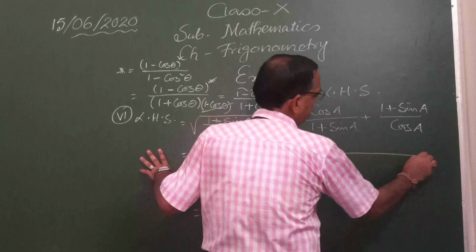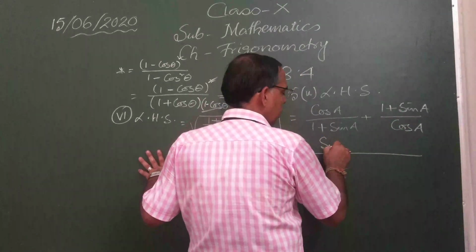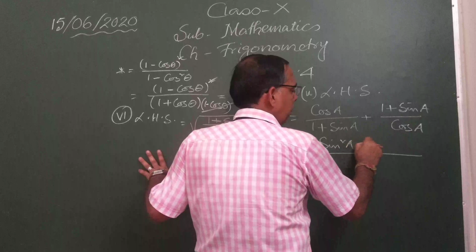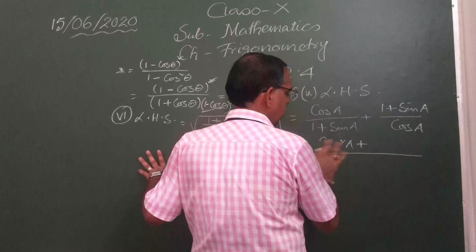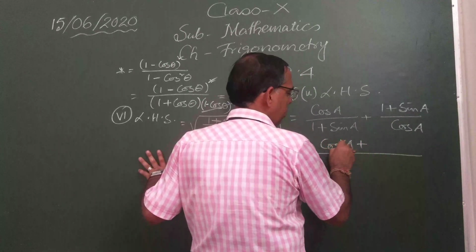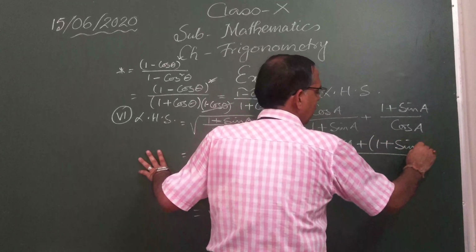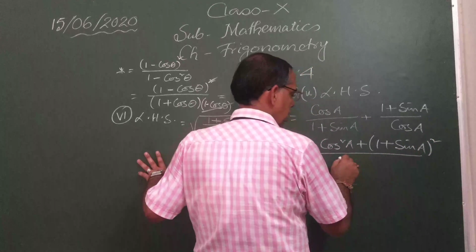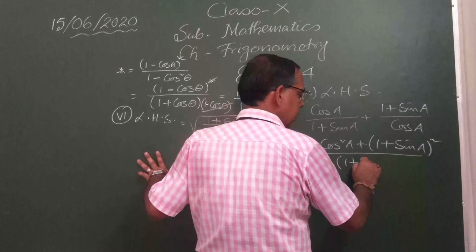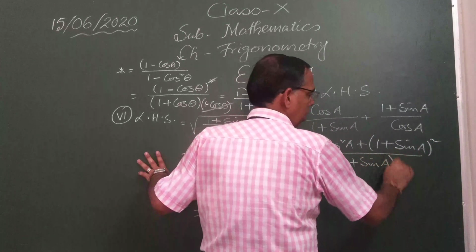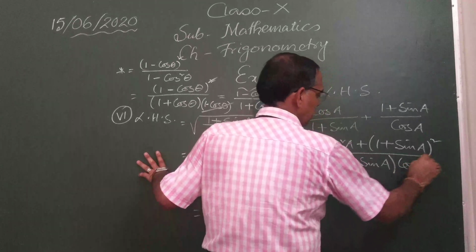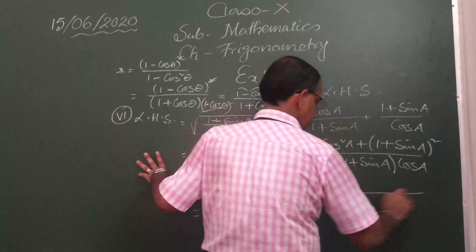Now take the LCM directly, there is no conversion. So cos square A plus 1 plus sin A whole square, divided by 1 plus sin A into cos A. Then if you break up, what is that?